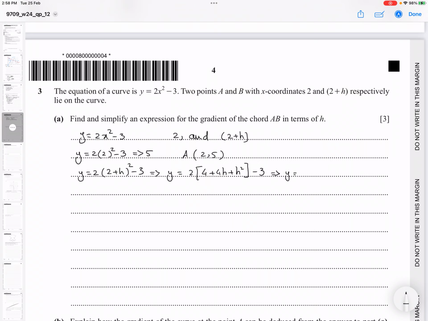I'm writing it directly in simplified way: y equals 2h squared plus 8h plus 5. So the coordinates for B I can write as (2 plus h, 2h squared plus 8h plus 5).